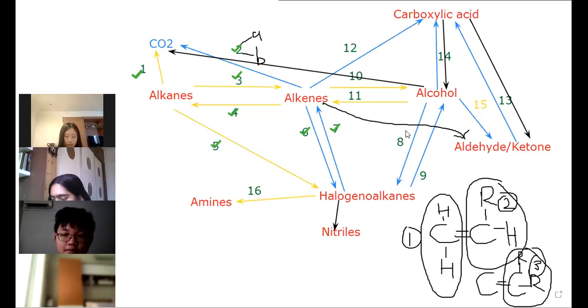For the reagent, it will be the alcohol itself and a halogen, for example chlorine or bromine. For the catalyst, it will simply be KOH somehow.